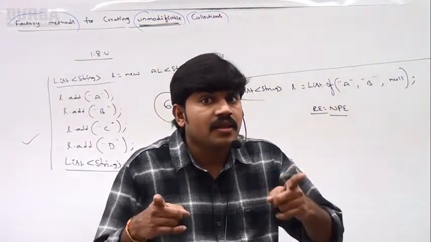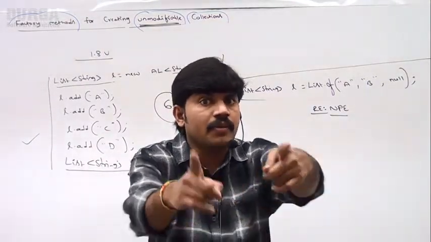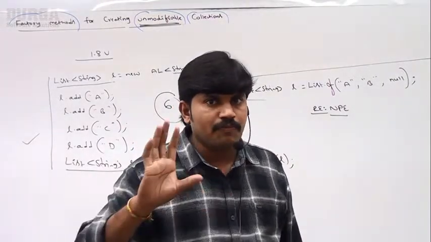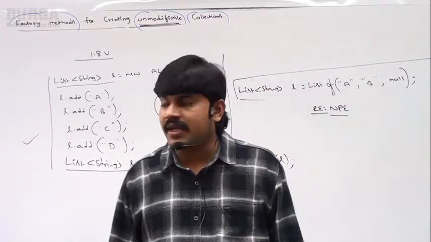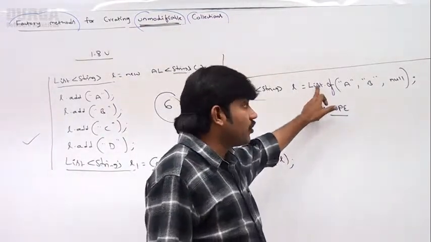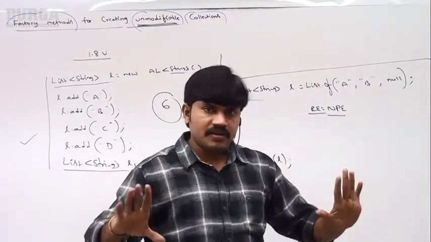What is the advantage of these factory methods? Can you please tell? The length of the code will be reduced, readability will be improved, and they are more convenient methods for the programmer. Sir, before 1.9, six lines of code were needed, but in the 1.9 version, how many lines of code are required? Only one line. Clear, right?